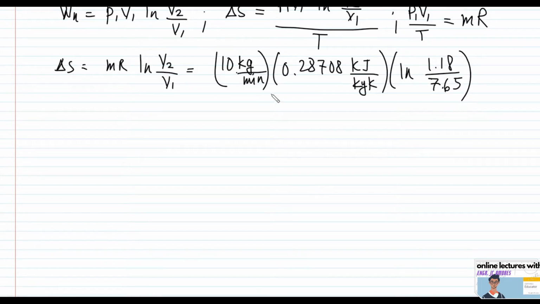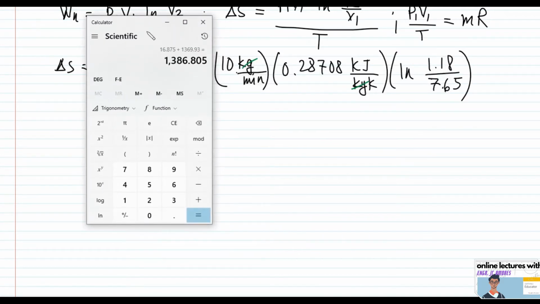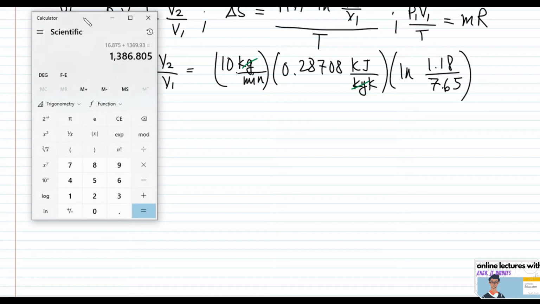So the unit, kilogram, cancels out, and the unit is kilojoule per minute Kelvin. So let's get our calculator. We have 1.18, let's do that first, divided by 7.65.